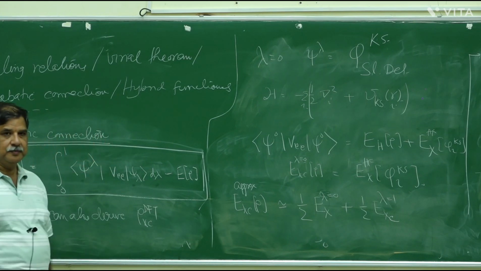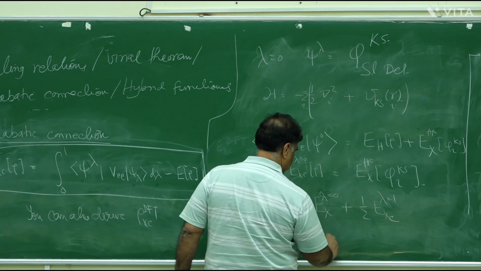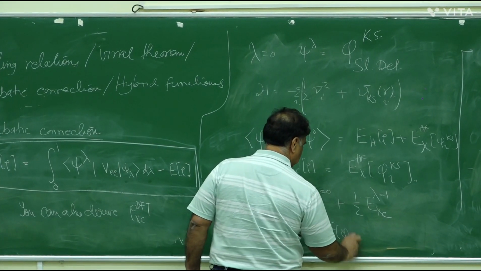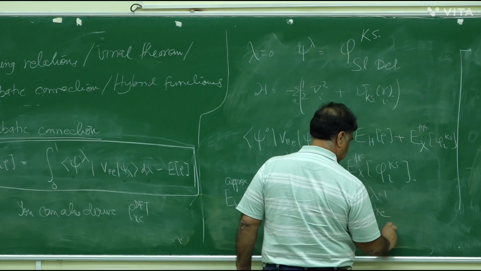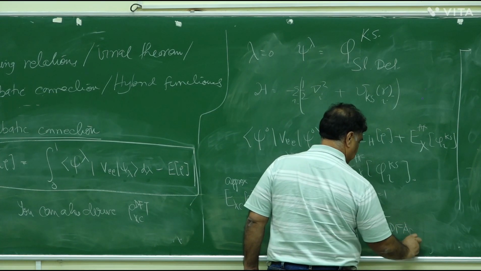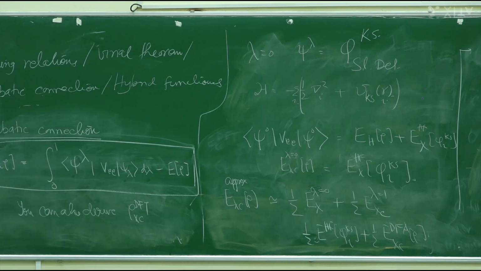Lambda equals 0 is exchange. So this is half E Hartree-Fock calculated with Kohn-Sham orbitals plus 1/2 EX density functional approximation. That's Becke's half-half hybrid formula. Okay, this is the motivation.